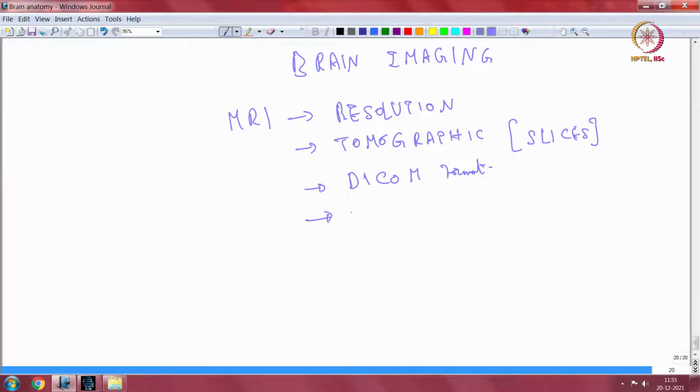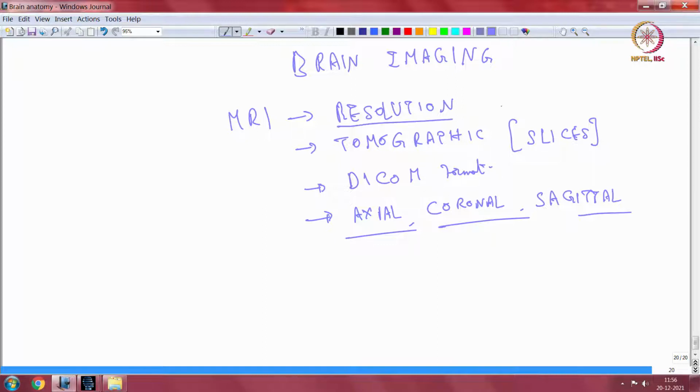Slice based imaging also indicates that you should know what is axial, coronal, sagittal imaging, and these are terminologies with which you should be familiar.